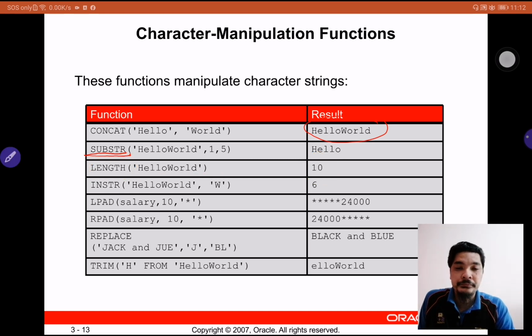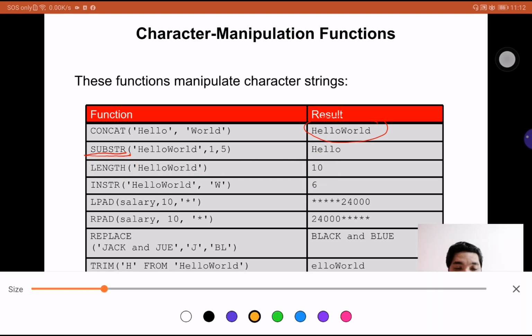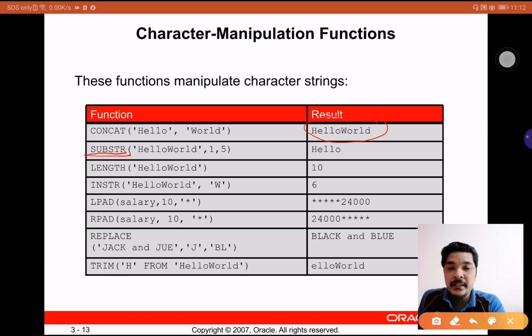The next one is INSTR. For hello world, it will tell us in what position the letter W is.